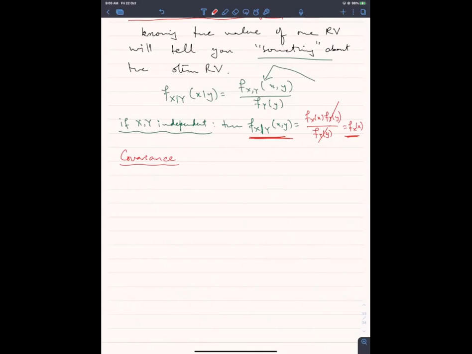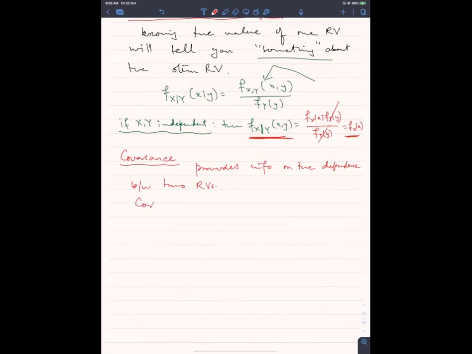Covariance provides information on the dependence between two random variables.